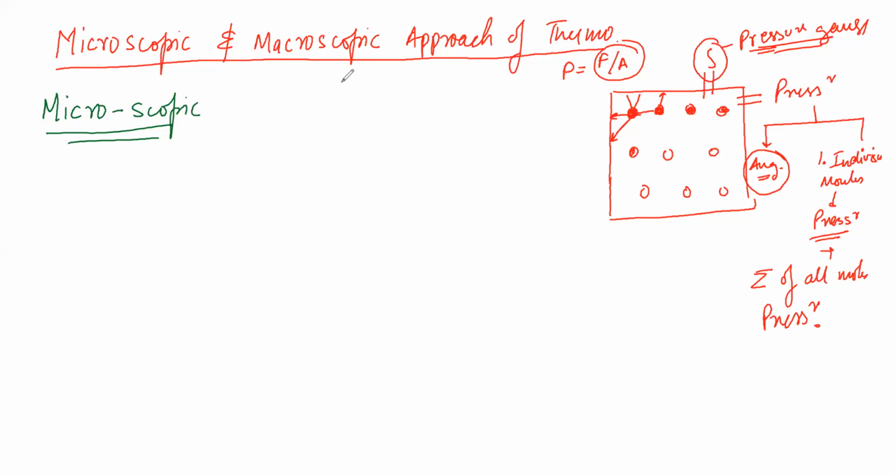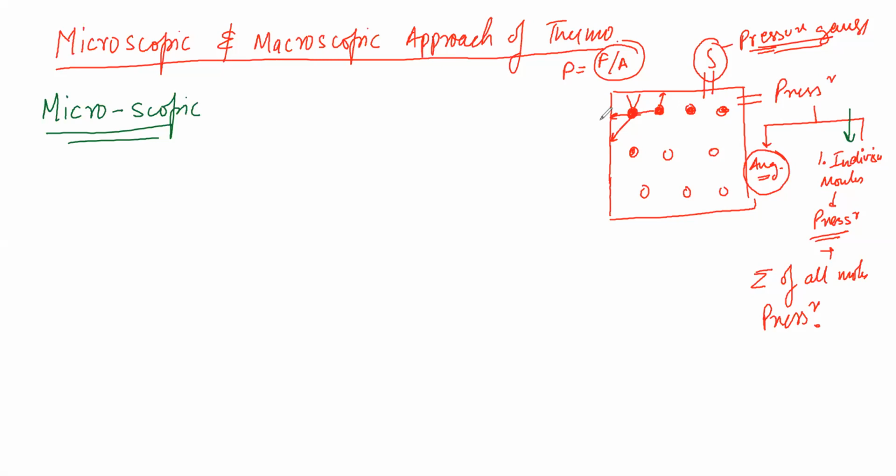Now see, if you have a very small number of molecules, it is practically easy to use the microscopic approach, because you can easily identify and monitor the individual molecules' behavior. But as soon as the number of molecules is large, it becomes practically very difficult to identify each molecule's behavior.